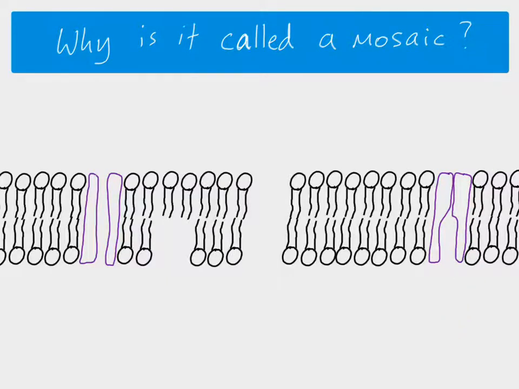Or we might have a protein which is not involved in transport at all, but it is still embedded across the whole membrane. So these three proteins are an example of proteins that we call transmembrane proteins.